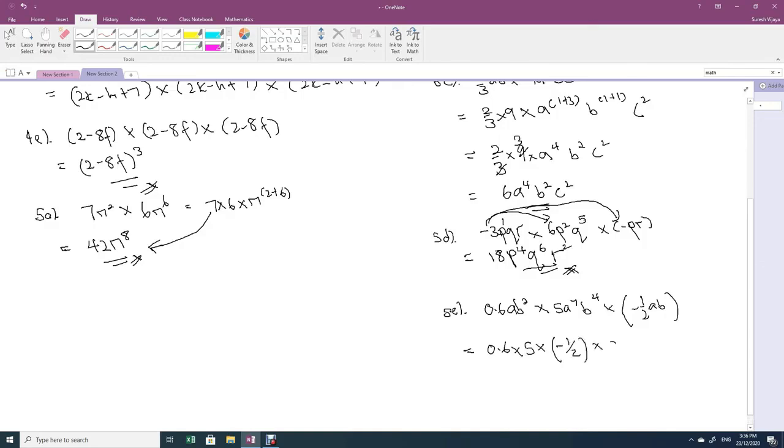Then a to the power of 1 plus 7 plus 1, and b to the power of 2 plus 4 plus 1. So what will we get? 0.3 times 5 will be 1.5, and sorry, there's another negative sign, so negative 1.5 a to the power of 9 and b to the power of 7. This is the answer for 5e.